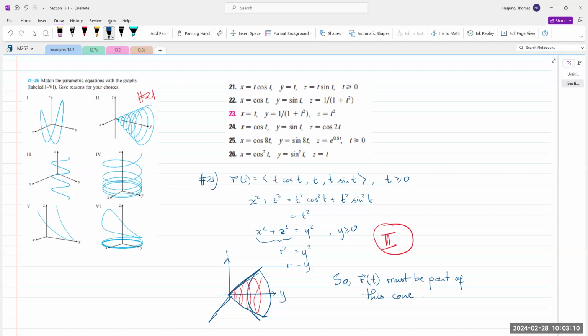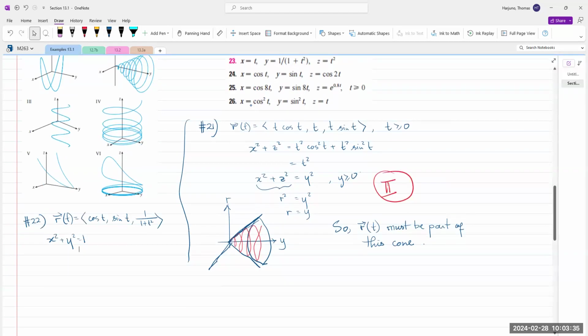Let's go on. Number 22, we have r(t) equal to cosine t, sine t, and 1 over 1 plus t squared. Now you can see x squared plus y squared equals 1, right?